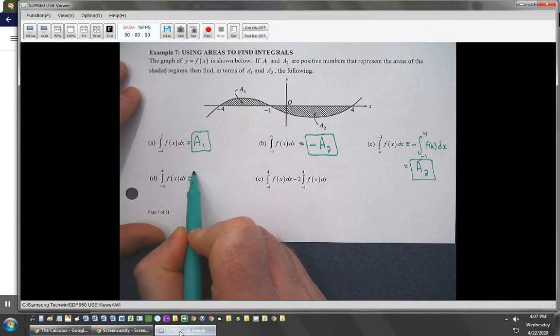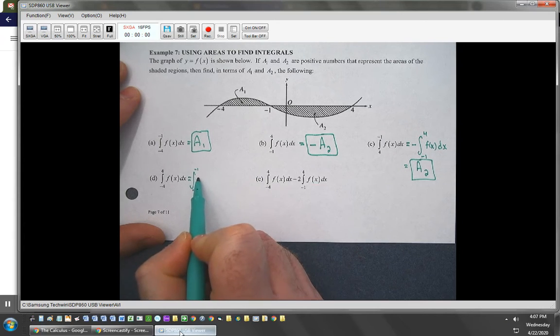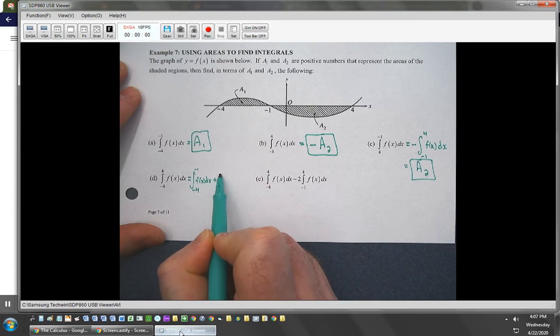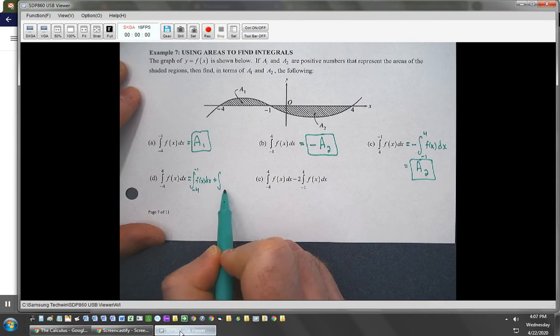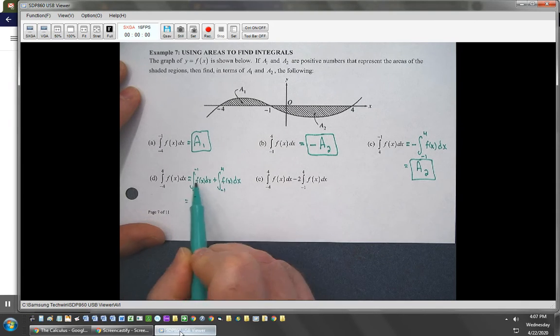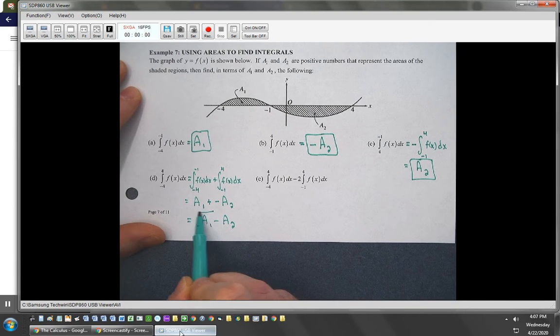So my first integral should go from -4 to -1 of f of x dx, plus my second integral will go from -1 to 4 of f of x dx. This integral is always all above, so that's A sub 1, plus this integral is always below, so that's negative A sub 2. So we would get A sub 1 minus A sub 2.